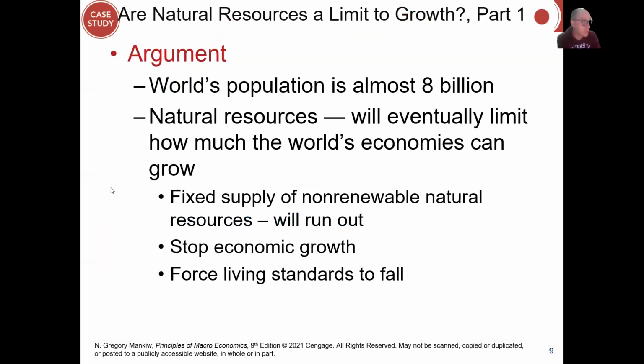Of course, there are some arguments when it comes to growth and the use of natural resources. Natural resources are finite, mostly finite, meaning there is a limit to the amount of natural resources available, especially when it comes to mining for mineral deposits and things like that.